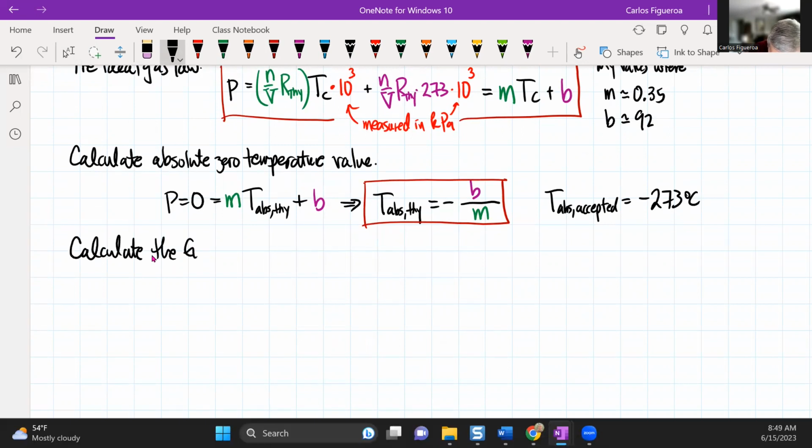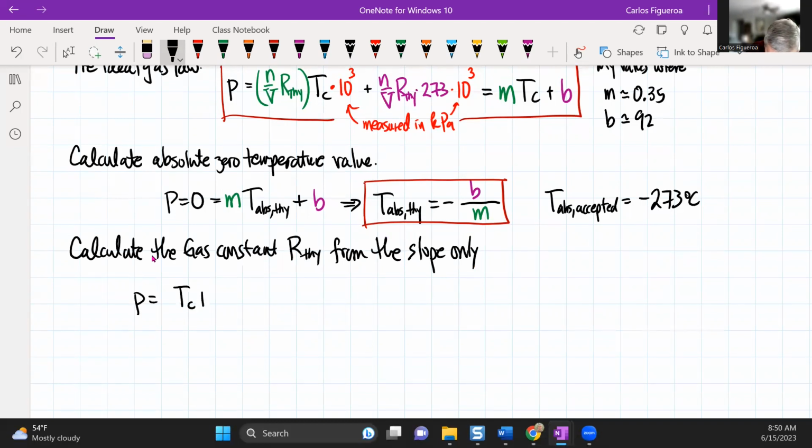the gas constant. Our theory, what I'm going to say here is calculate this from the slope only. So what I'm doing here is that I'm going to have this guy, which gives me my slope, and of course this is my intercept.